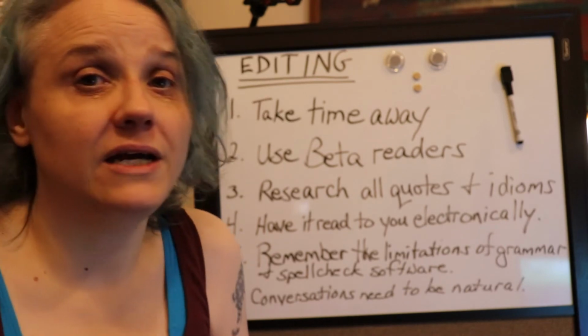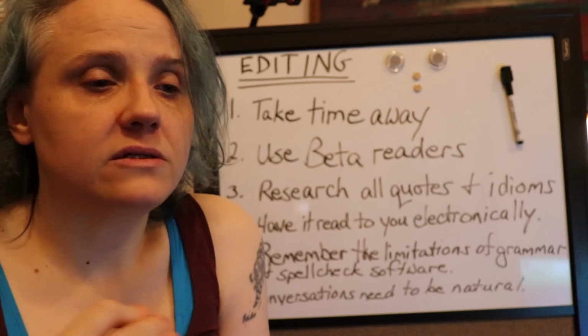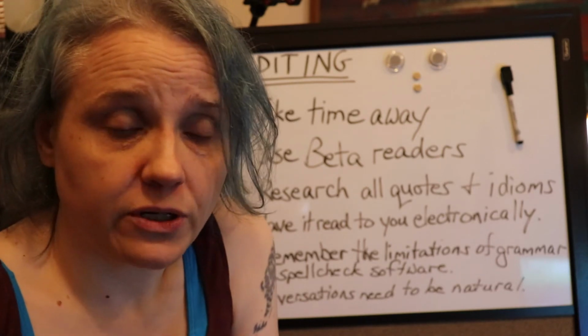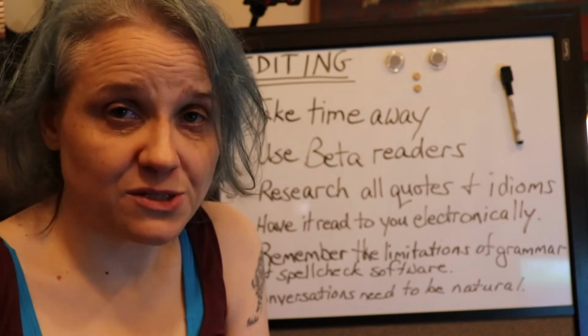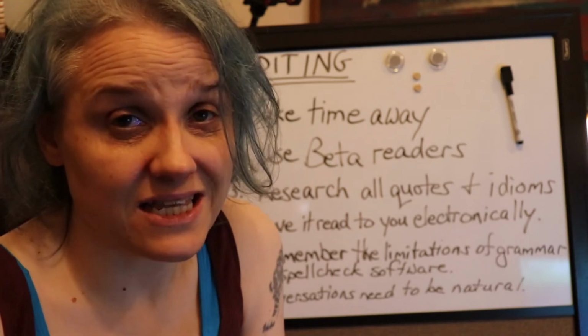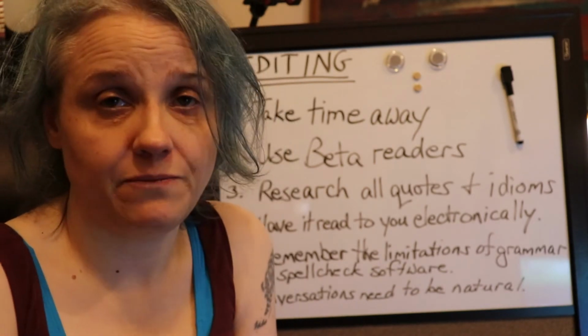Things that are actually right, but they think they're wrong. That sort of thing. You want somebody who's a good reader reading your book, but somebody who can be objective, if possible.